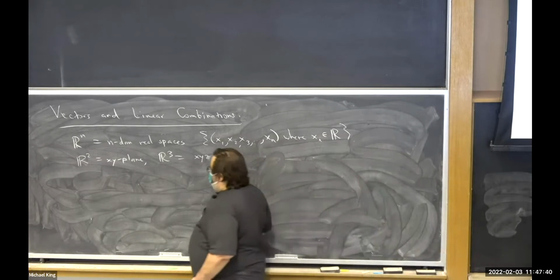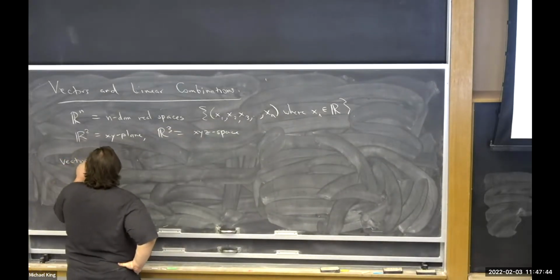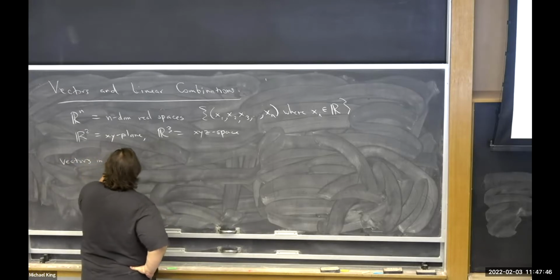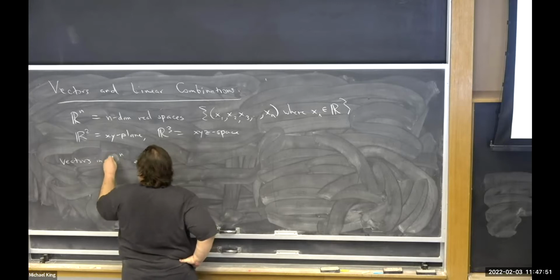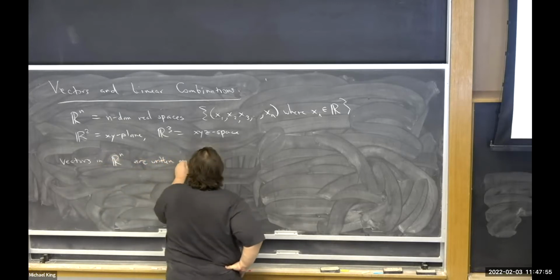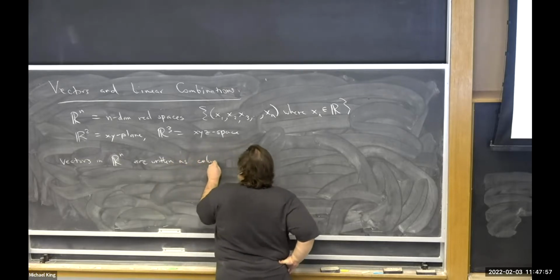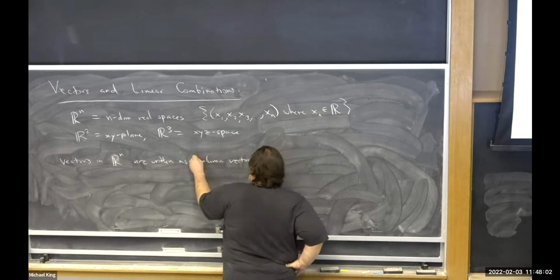So, vectors in Rn, in this class, are written as column vectors. They're called column vectors. They're written as columns.